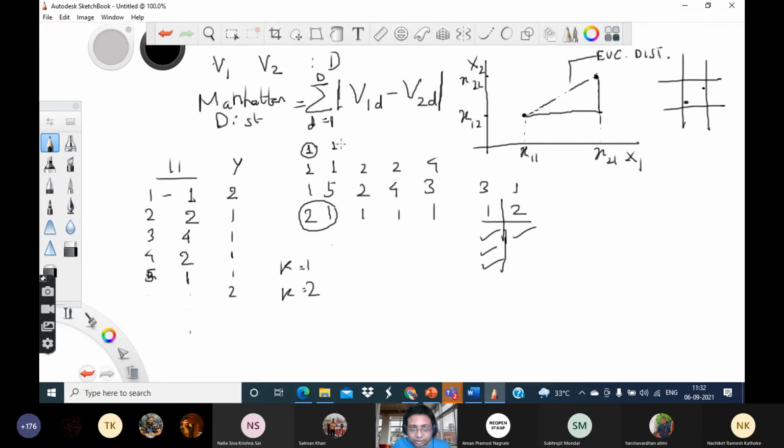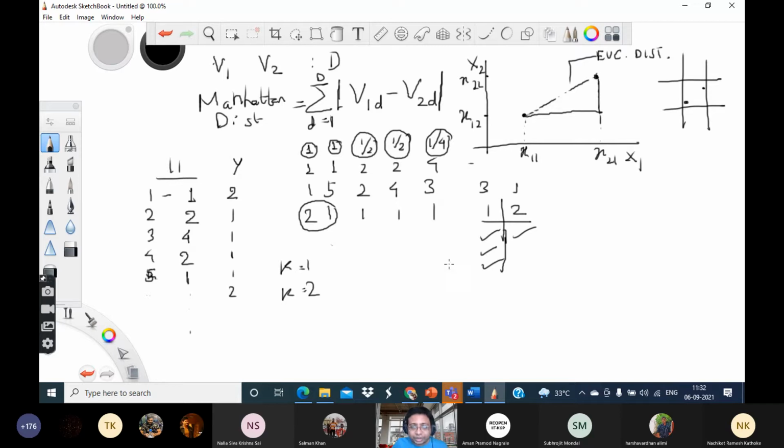Here also it is 1, so its reciprocal will be 1. Here the Manhattan distance is 2, so its reciprocal is half, which will be the weight of this point. Similarly, in this case also the weight is the reciprocal of 2, which is half. In this case, the reciprocal is 1/4, and so on.